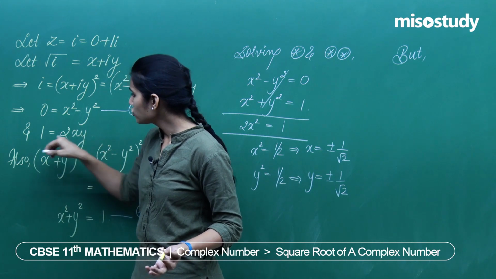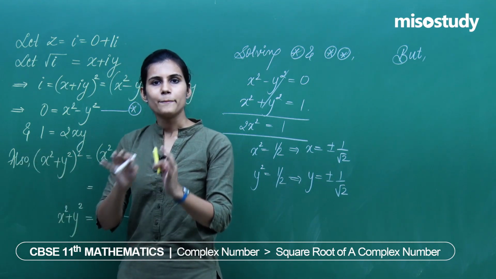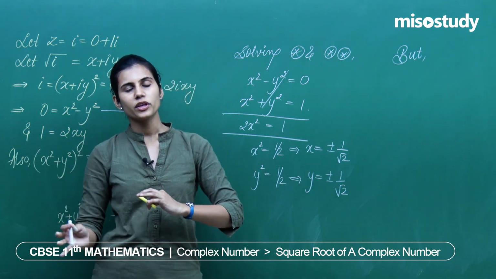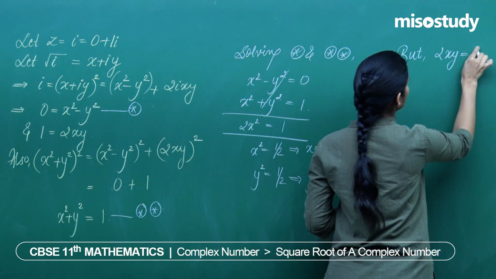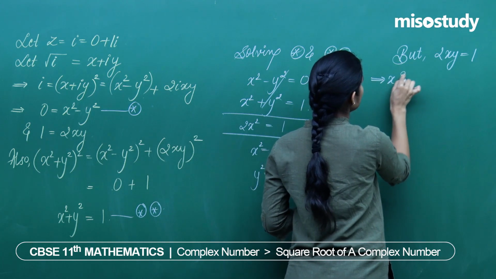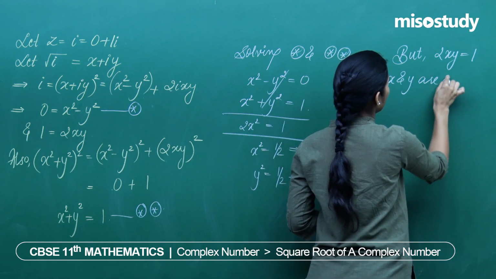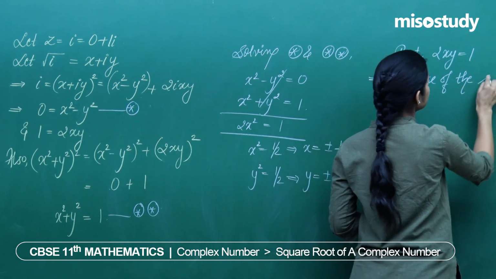Therefore, for 2xy to be equal to a positive quantity, both x and y should be positive or both x and y should be negative. But 2xy is equal to 1. This implies x and y are of the same sign.